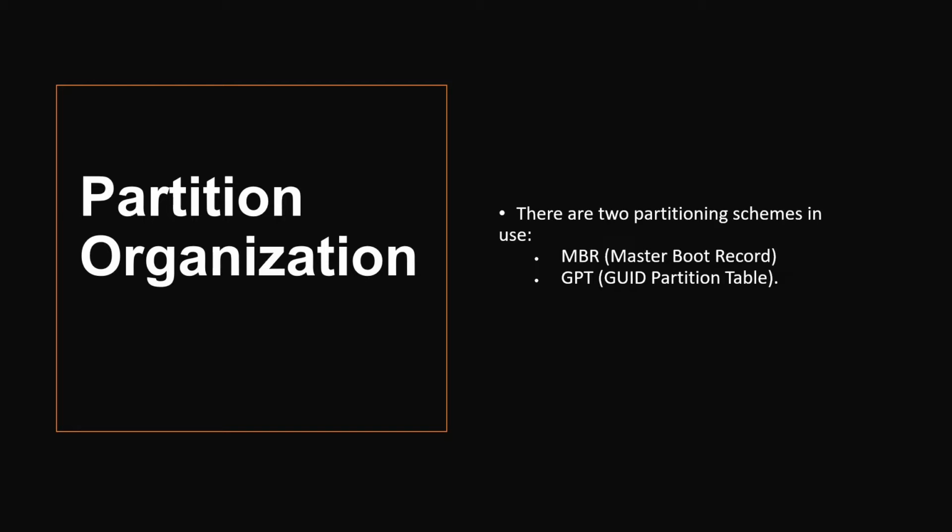When using MBR, a disk may have up to 4 primary partitions. One of the primary partitions can be designated as an extended partition, which can be subdivided further into logical partitions, with 15 partitions possible. When using the MBR scheme, if we have a SCSI disk, for example /dev/sda, then /dev/sda1 is the first primary partition, and /dev/sda2 is the second primary partition.